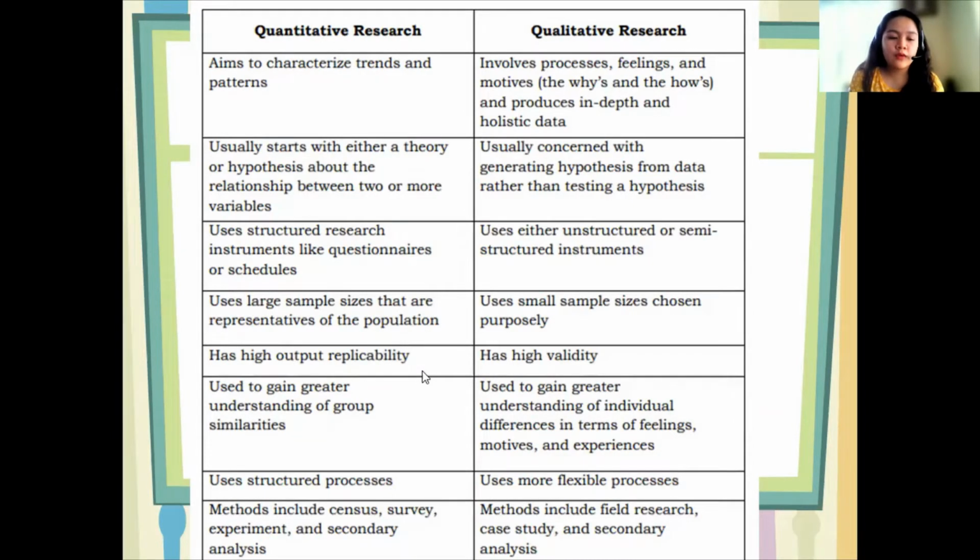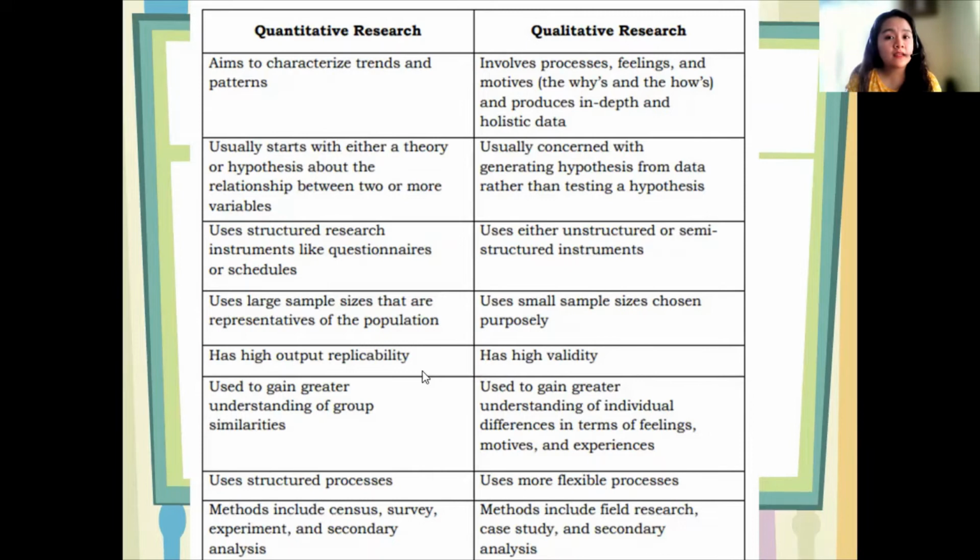So how will you know or how will you execute it? By characterizing it. Characterize mo in a sense that you put number on it. Gawin mo siyang numerical data. Diba? So you're going to apply research instrument, z-test, t-test, chi-square, mean, median, mode. Depende, diba? Depende sa gusto mong lumabas.